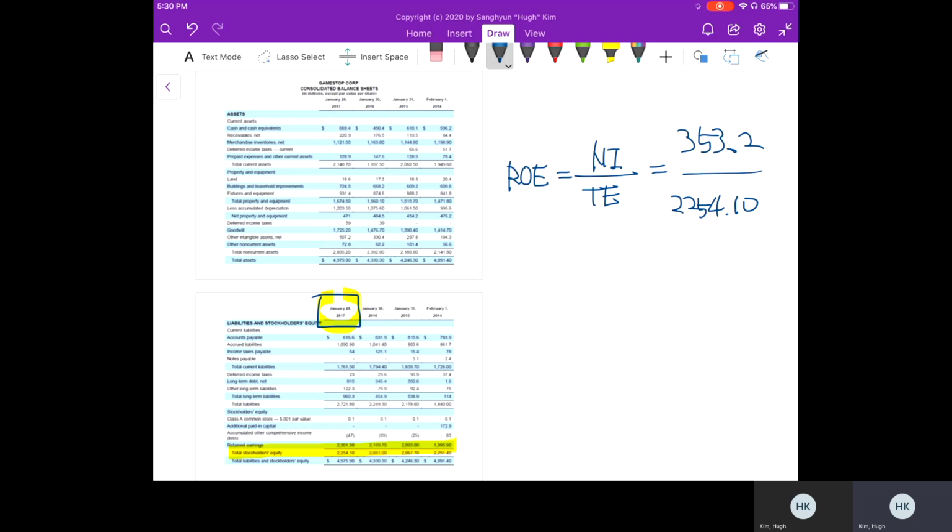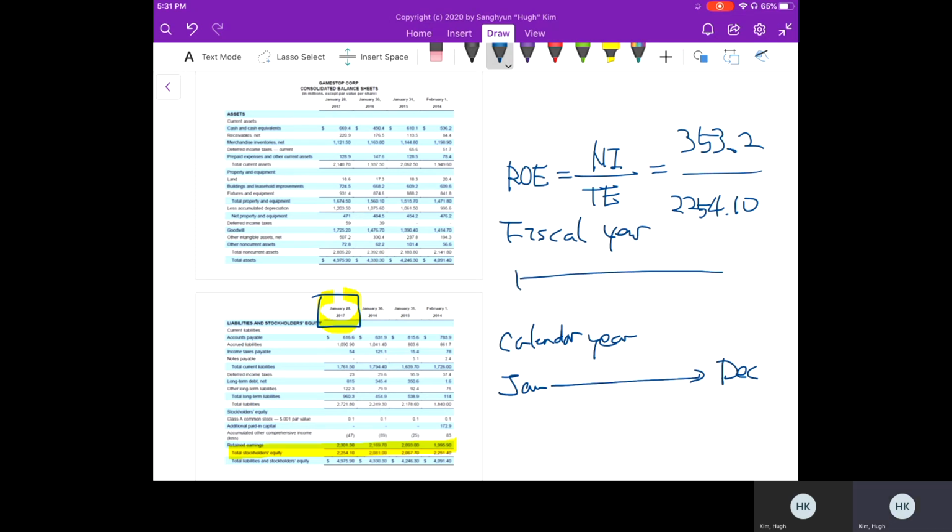Typically, the calendar year goes from January to December, but the fiscal year may not coincide with the calendar year.